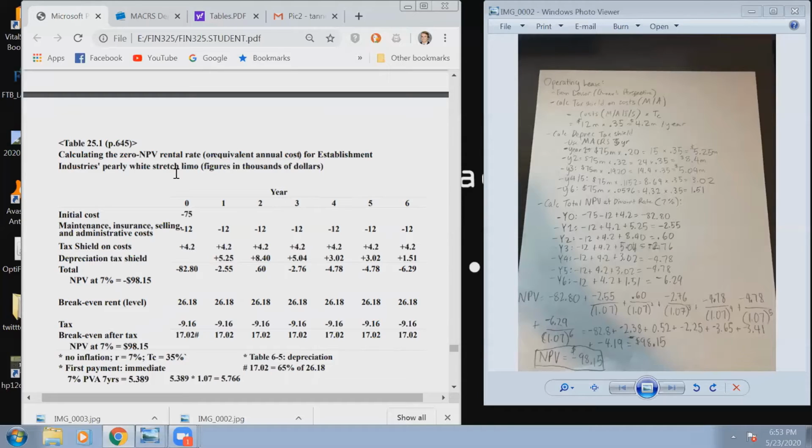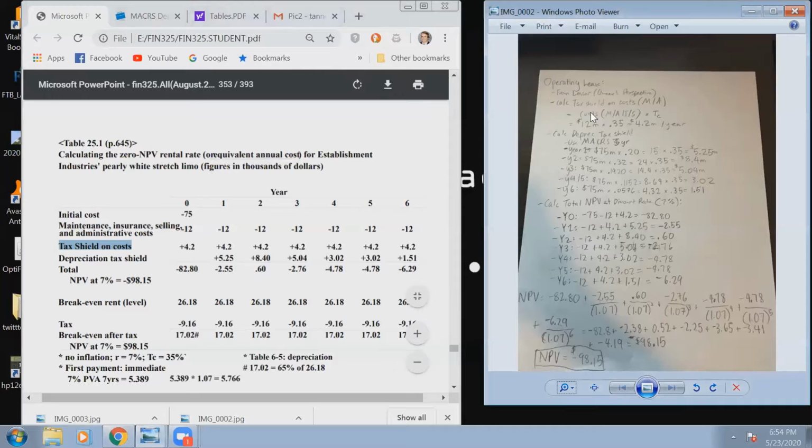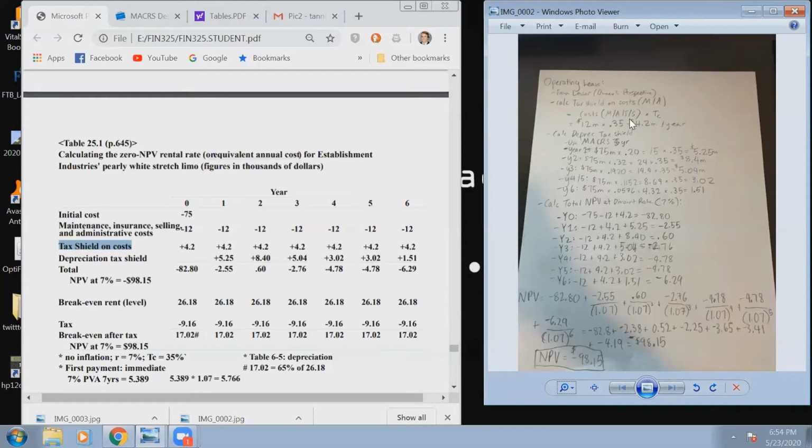So with that number being given to us, we can actually calculate this here, which is the tax shield on the costs. The good thing about these costs to the lessor is you don't have to pay taxes on them, or there's a certain amount of tax deferrability with these costs. In order to calculate the tax shield on these operating costs, you just take the total cost and multiply it by the tax bracket that the corporation is in.